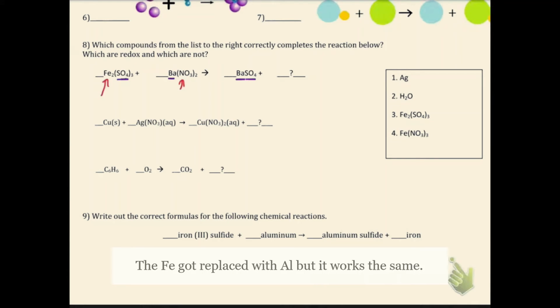Nitrate and an iron is choice number 4. So I'm going to write here that it was Fe(NO3)3. If you had time to balance this, then I would just give you the answers here. This would have been 1, 3, 3, and this would have been 2.